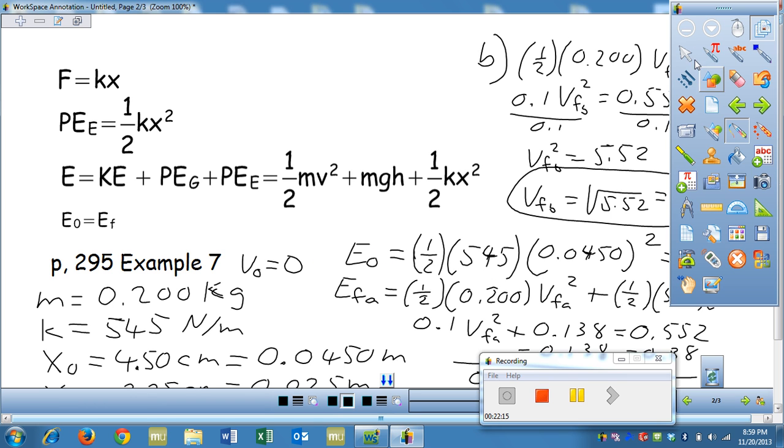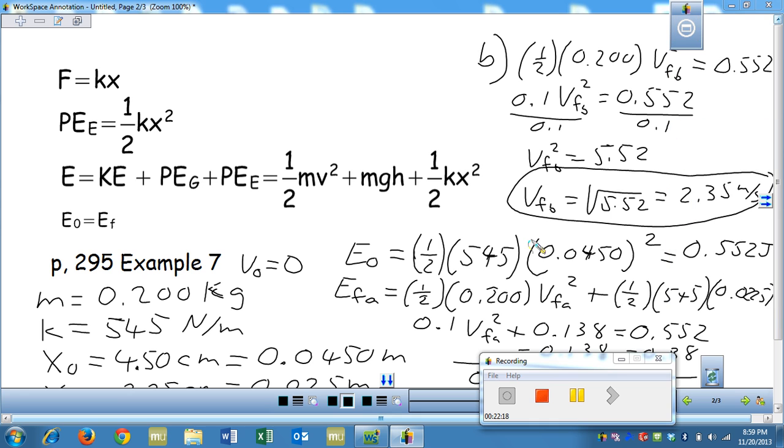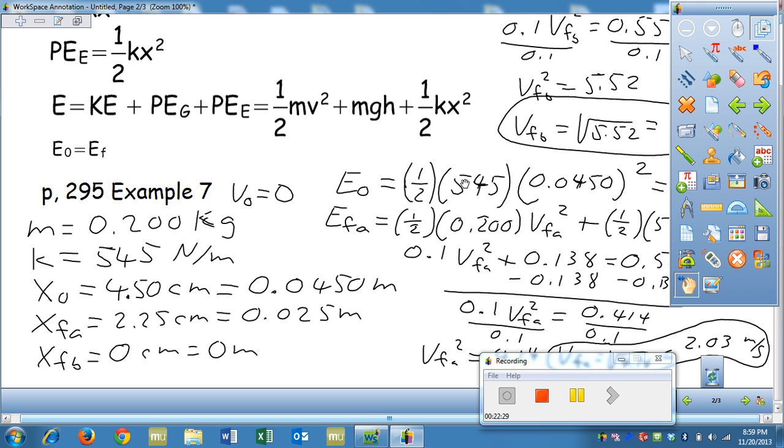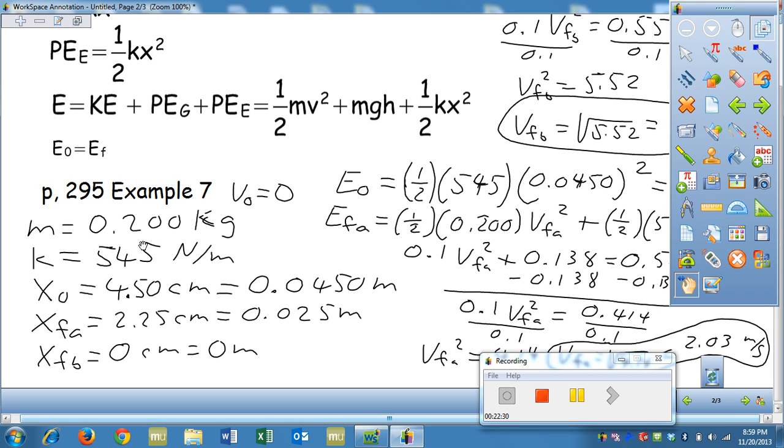In the first example, we started out with some spring potential energy because the spring was stretched, but it was not moving, so there was no kinetic energy.